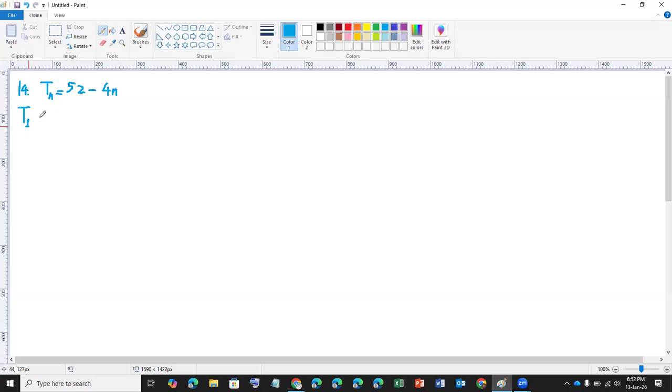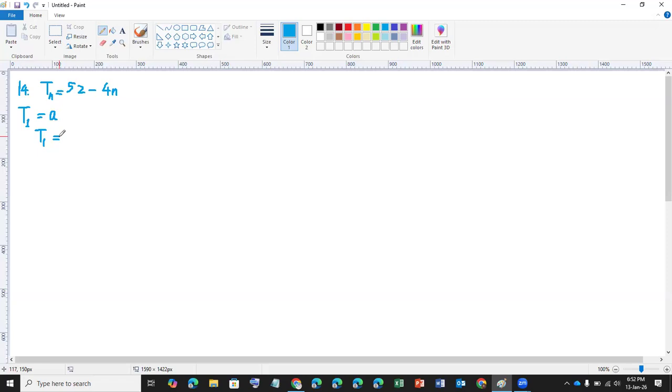Okay, so if we understand that, let me just write it here so that we have it at the back of our mind that T1 and A are the same thing. So let's find T1. T1 just means, of course, anywhere you see n, you put 1. And that's the beauty of algebra, where letters represent numbers.